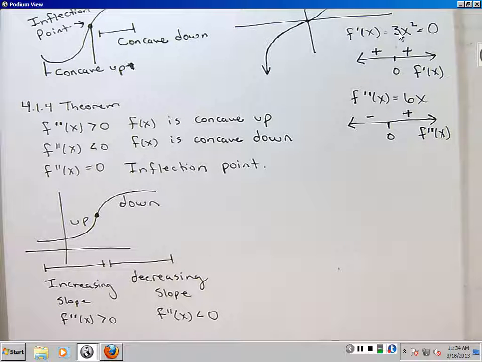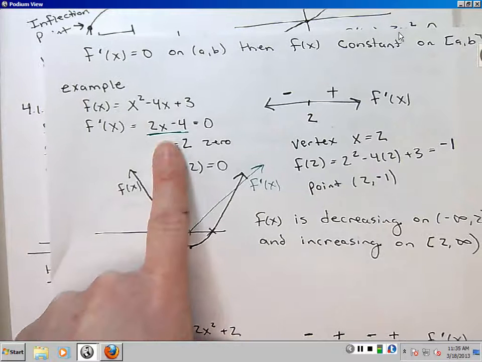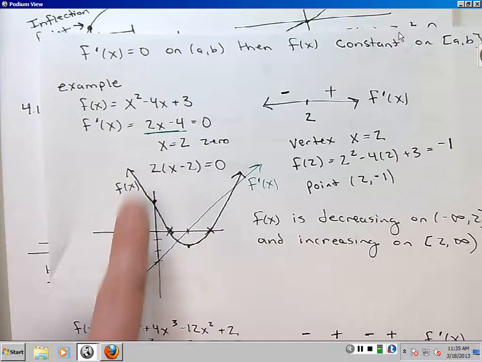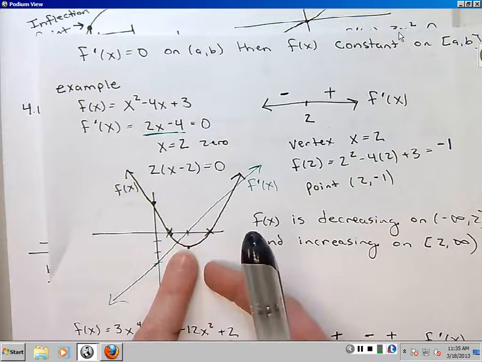If we go back to the example of that quadratic, just real quick, if I take the second derivative, what do I get? 2. 2 is always positive, right? So that means this function is always concave up, which clearly it is, right?